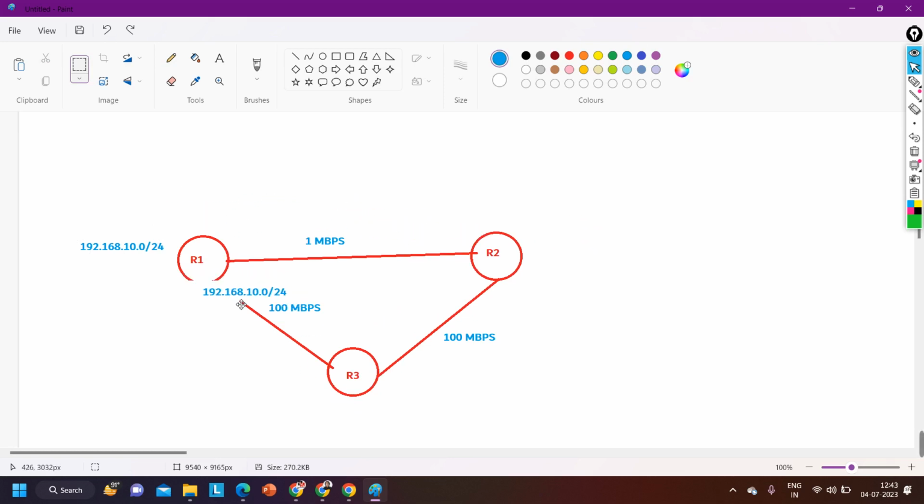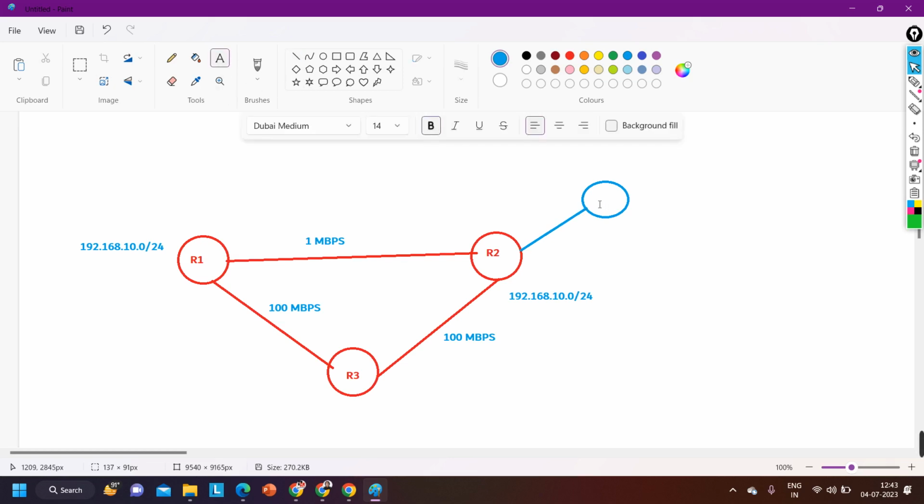Yes. And router 3 will advertise to router 2. Let's say router 2 has installed, received, learned this network via router 3. So router 2 doesn't have any information about router 1, who is the actual originator of this network. All routers depend on their neighbors only. Let's say here we have one more router, R4. So router 2 will advertise this network information to R4 also.